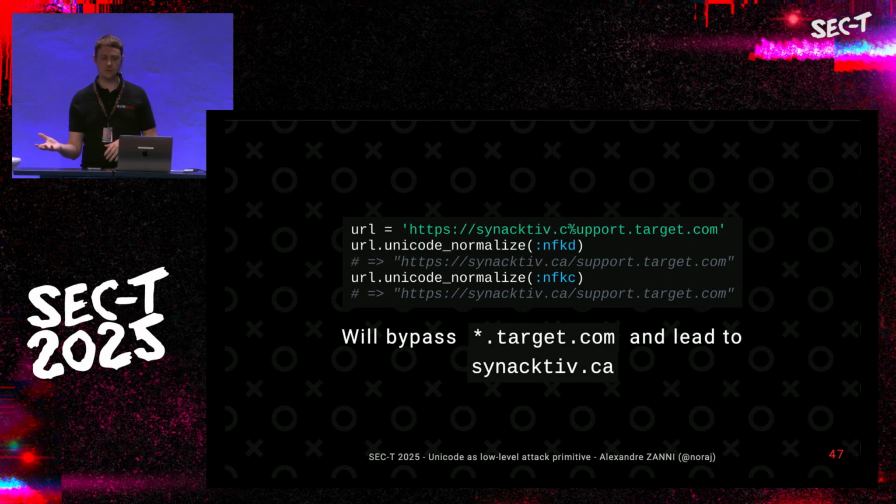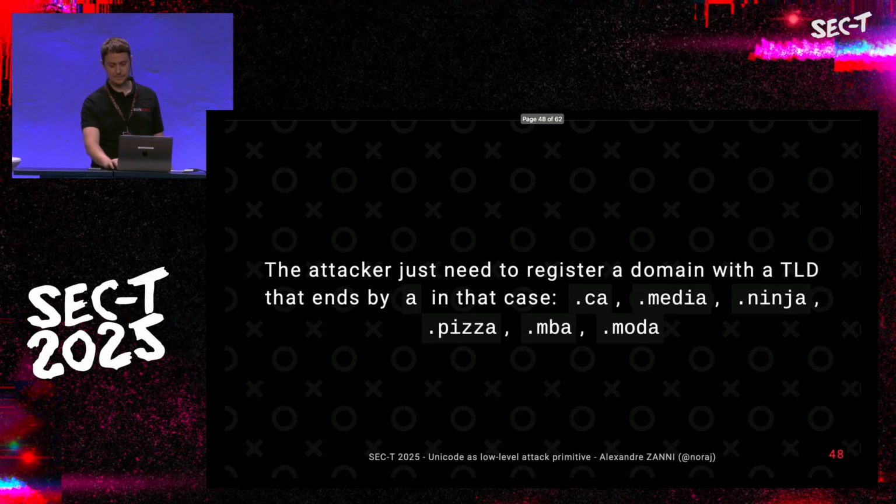But if in the code it's normalized using NFKD or NFKC, as you can see in the comment, it will result in synactive.ca/support.target.com. So support.target.com actually became just a path. So the URL will lead to an entirely different domain.